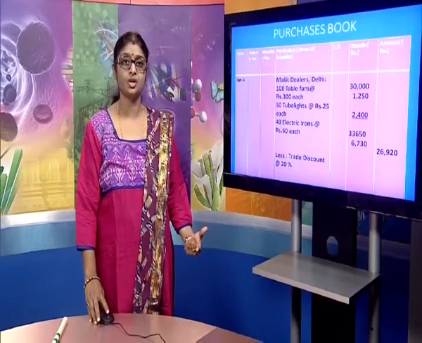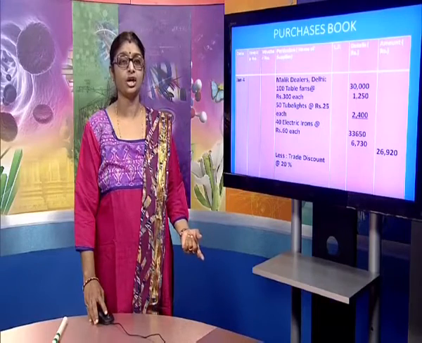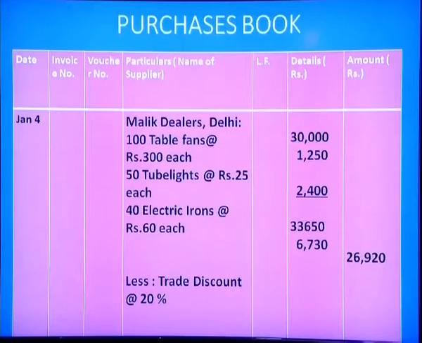So, in the purchases book, we have different columns, the format we have studied. In that particular format, the date column comes first. There you have to write the date. Then the name of the supplier, that is Malik Dealers, Delhi. Then the details, what you have bought: 100 table fans, 50 tube lights, similarly we have written.